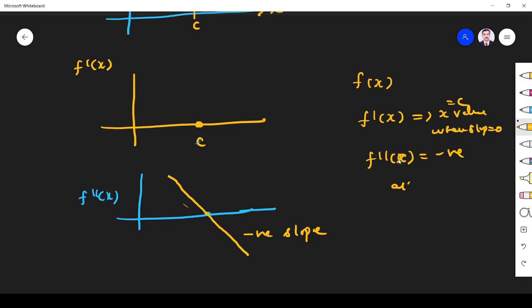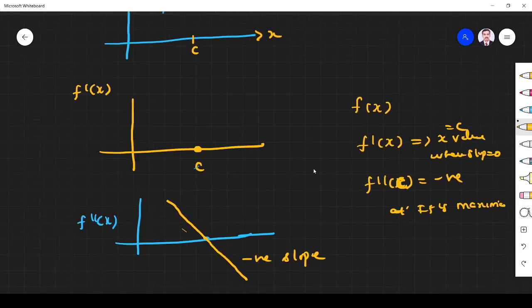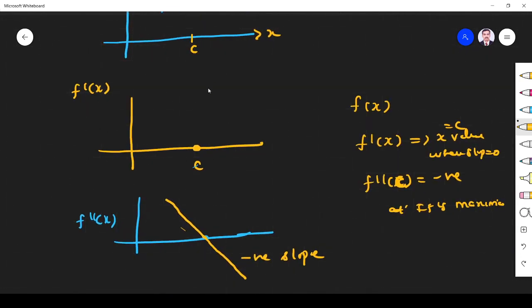If f double dash of c is negative, then it is a maxima point, right? Because you see it is a point of maxima. So as usual, you take the first derivative and find the slope.